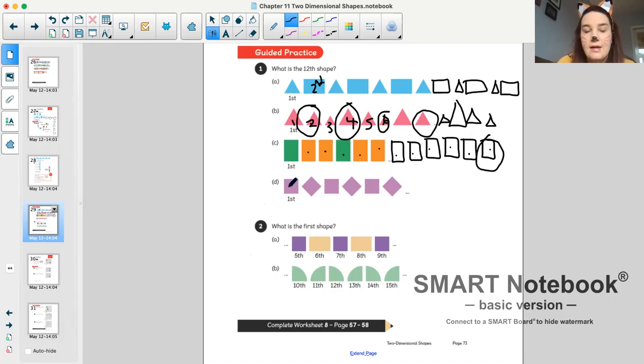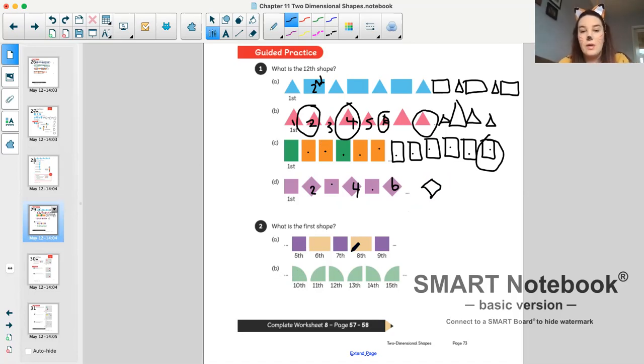Okay, and here 1, 2, 3, 4, 5, 6. So on our 2s, it's always the same 1, isn't it? Because 2, 4, 6. Whereas these, when it was 2, 4, it changed colour, didn't it? So we couldn't do it there. But for this one, we can because it's the same. So I know for a fact that my 12th one would be the square on its side.